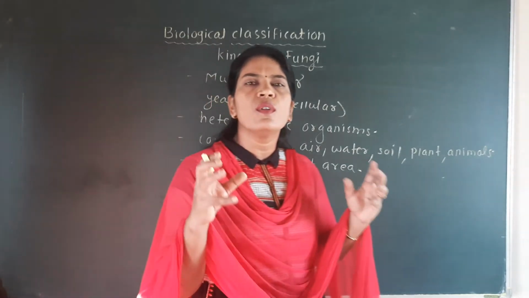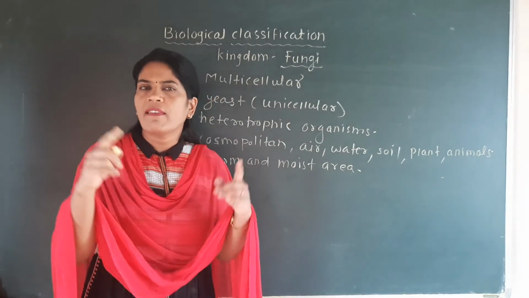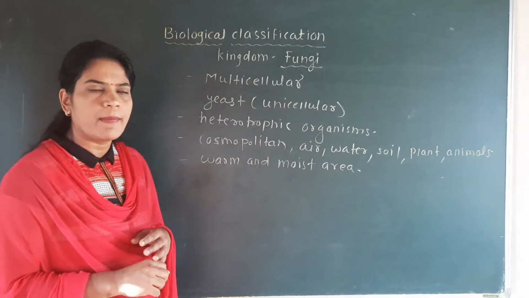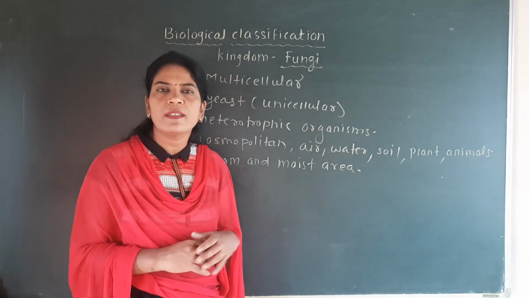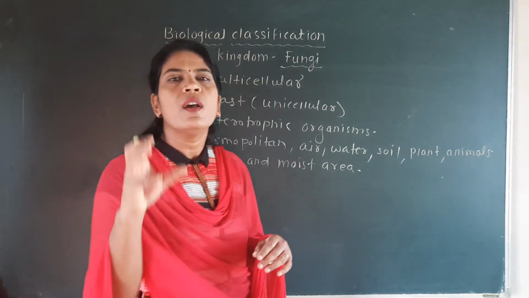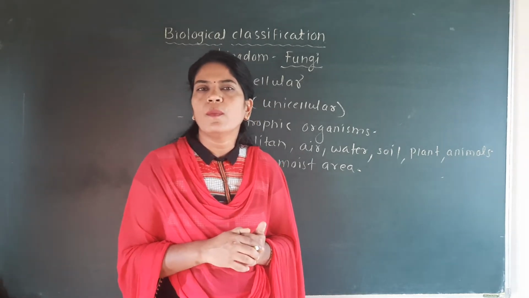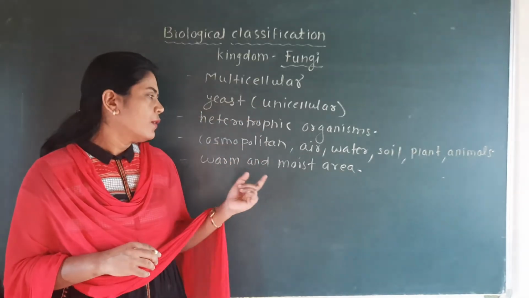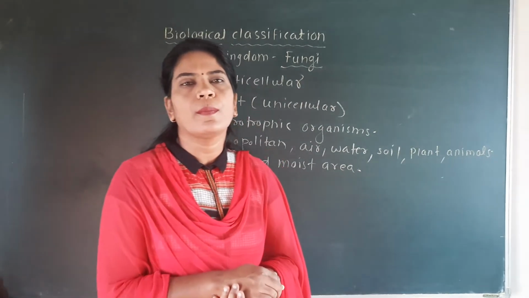Warm means a humid climate, and moisture, water is there in the environment. Warm and moist mean somewhat the same thing here. Moist means a place with water, a damp place, where you can observe the growth of fungi. So in every area where there is moisture, there will be growth of fungi.